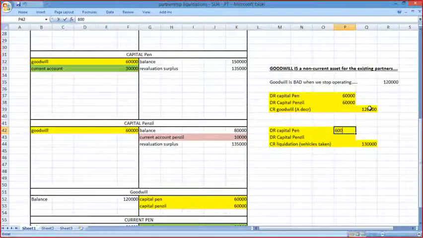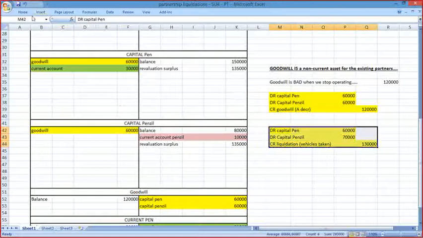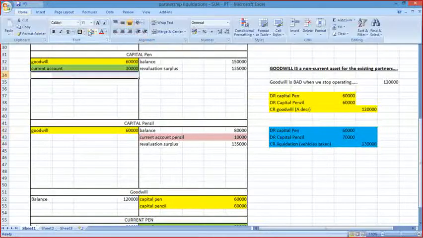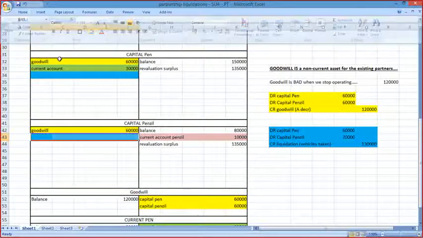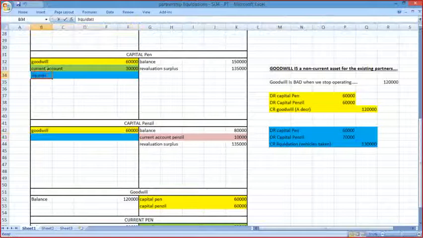And Pencil the 70,000. Great. Let me highlight that in a different color so we can show it here. There's the debit and there's the debit. This is going to liquidation, bracket, vehicles taken.